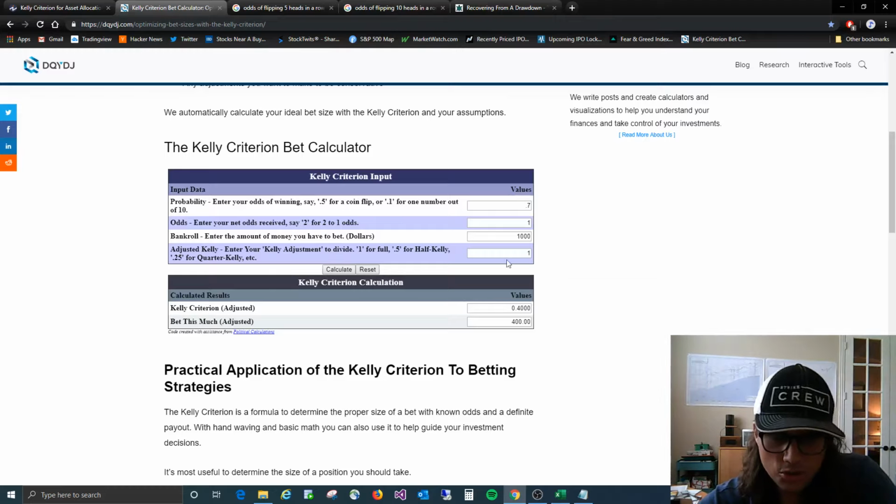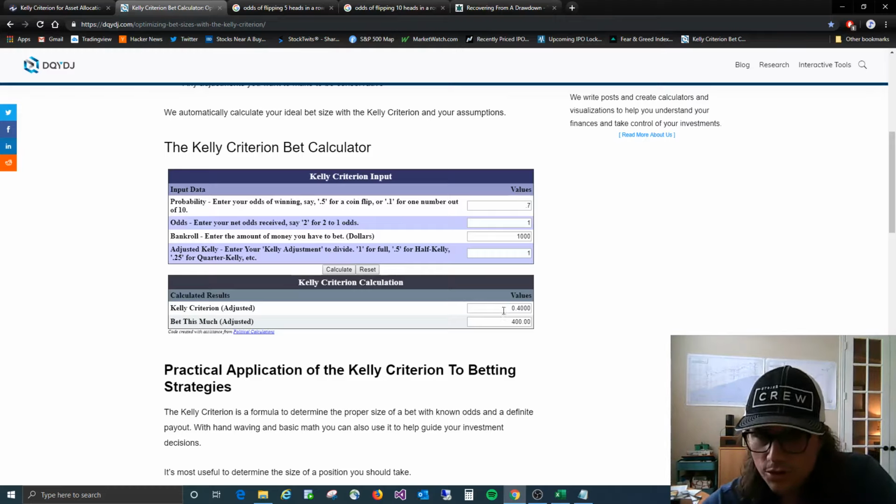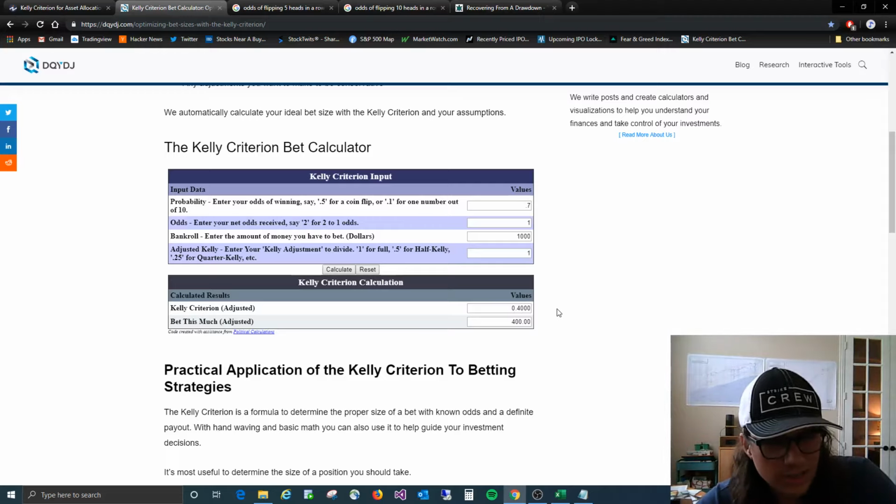But in all these situations, if you have any profitable system, whatever the value it gives you here, if you do less than the Kelly, you'll still make money. It just won't be at the optimal rate that you could grow your account at. And you can actually get kind of close to a Kelly or a half Kelly.